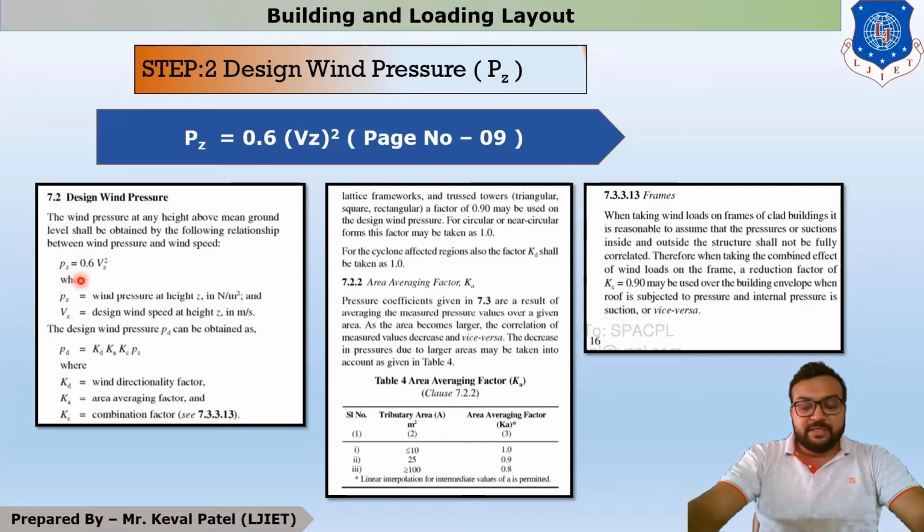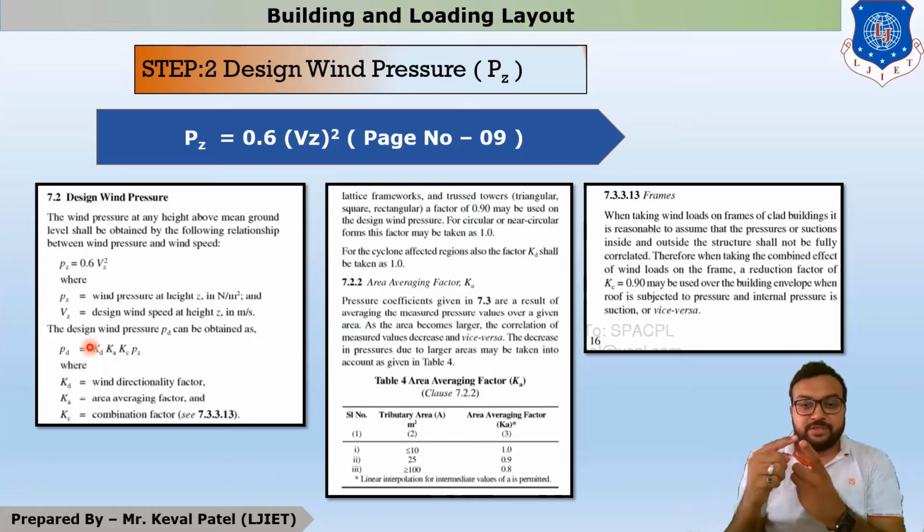The equation of PZ is 0.6 into VZ square, in which VZ is the answer of our first step. Then, after finding PZ, we have to find another three unknowns, which are three coefficients.